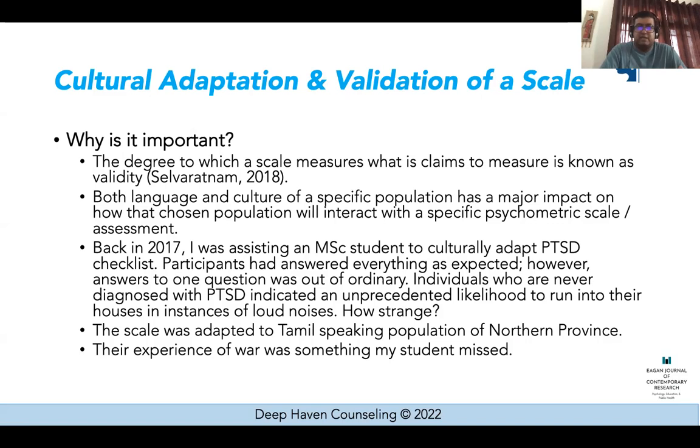When he gave this scale and we ran the statistical tests, we were not able to form the required factor structure, because the answer choices didn't align with what we were expecting. There was one question where it says, if you hear a loud noise, would you be running inside your house?